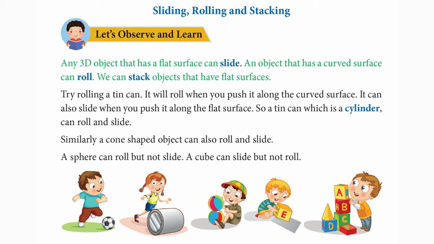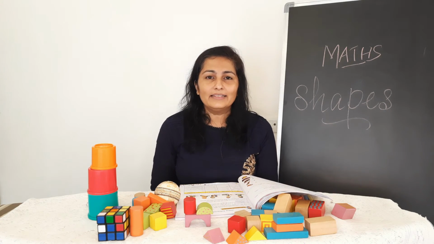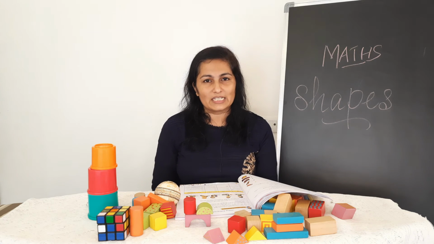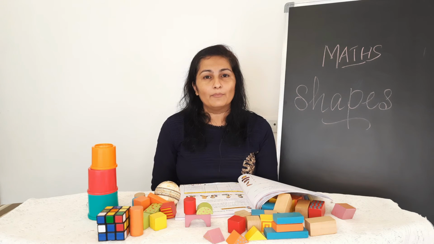So as you can see on your screen, we are going to experiment what this sentence says. A sphere can roll but not slide. A cube can slide but not roll. So did you see that? Anything that you see in your textbook is all researched, and it's proved information.